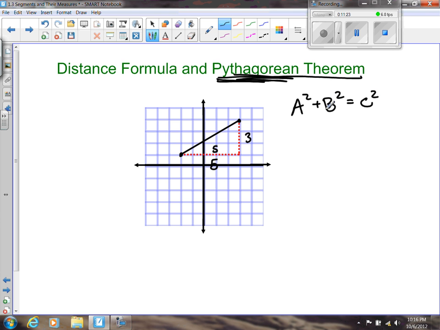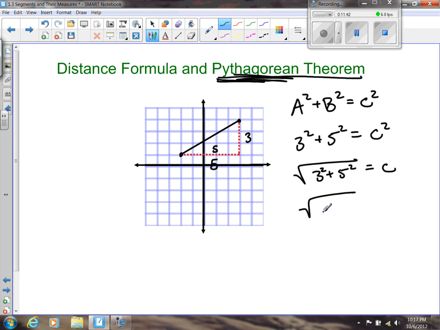Where a and b are the legs, the 3 and the 5, and c squared is what we're looking for, our length. Well, if I'm looking for this length, I need to take the square root of 3 squared and 5 squared. So I can then get 9 plus 25, 34.